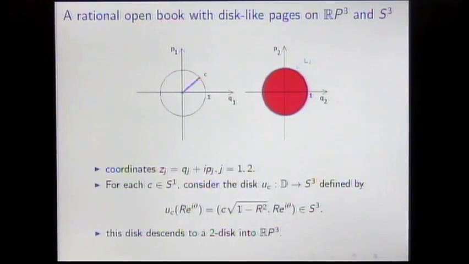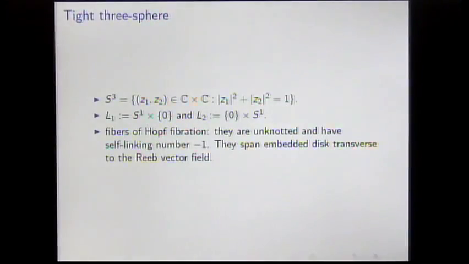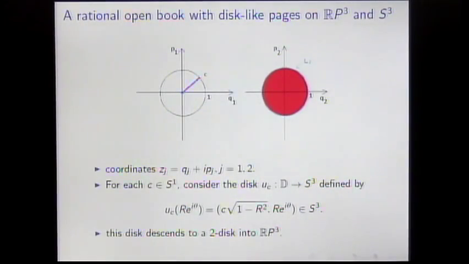Here we see just a segment, and the second factor is just the identity map, and it projects like that. And for this disk on S3, the boundary is mapped into the Hopf fiber L2, this one. You see here in the picture, the blue guy here is this Hopf fiber. It's just 0 cross S1.